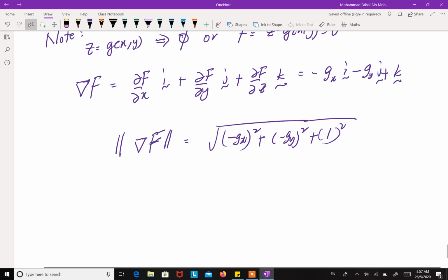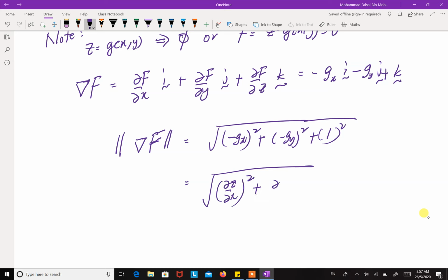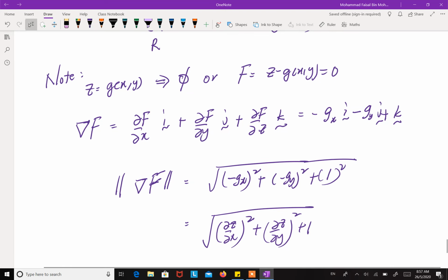So you may write this as the square root of (del z over del x) squared plus (del z over del y) squared plus 1. I just expand from this, left and right.